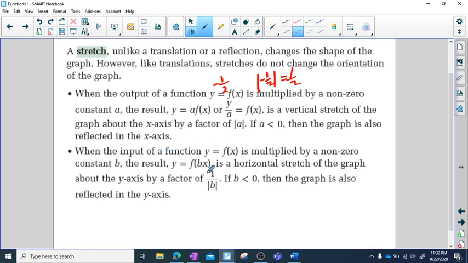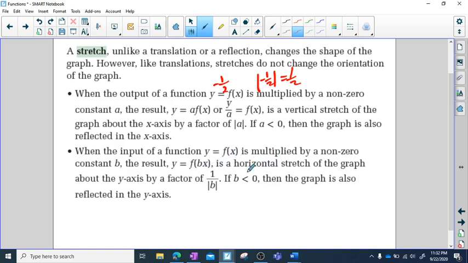The other type of stretch is when, rather than putting it out here, you substitute it in here as part of your input. Now by putting f of bx, that means instead of substituting x's, fill in 2x's or 3x's or 4x's. Now this one you have to be careful.